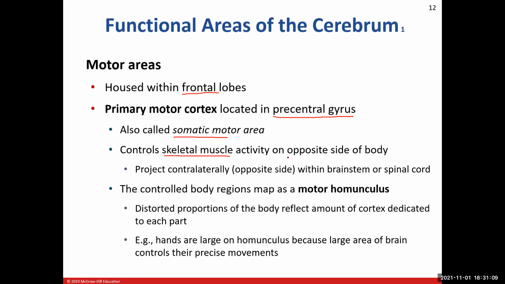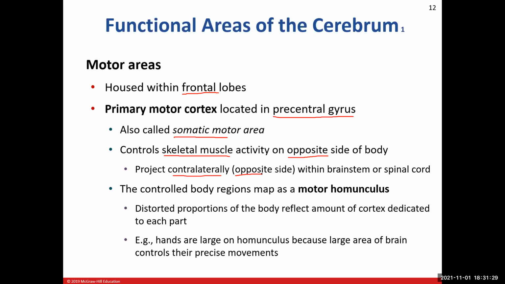And it's always going to be on the opposite side of the body. So my right primary motor cortex is going to control the skeletal muscle on the left side of my body. There's a term for that. We call that the contralateral side, which is the opposite.